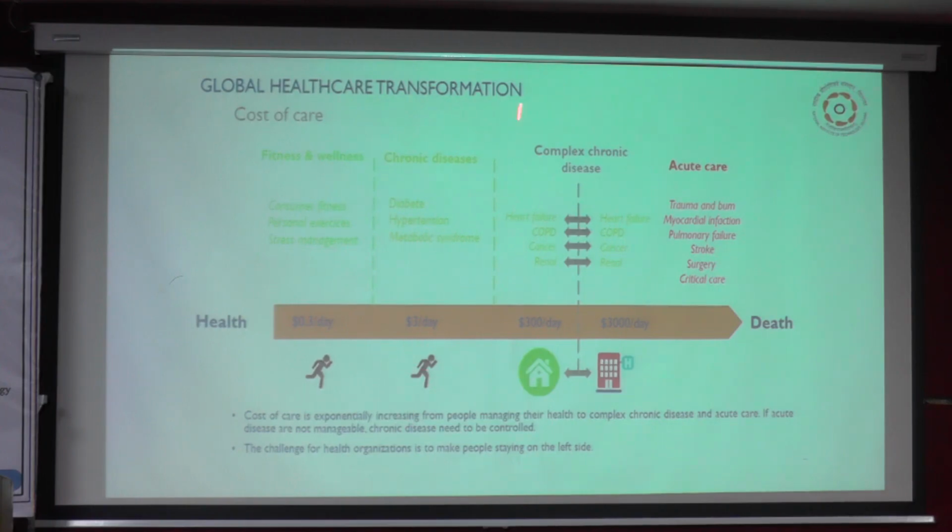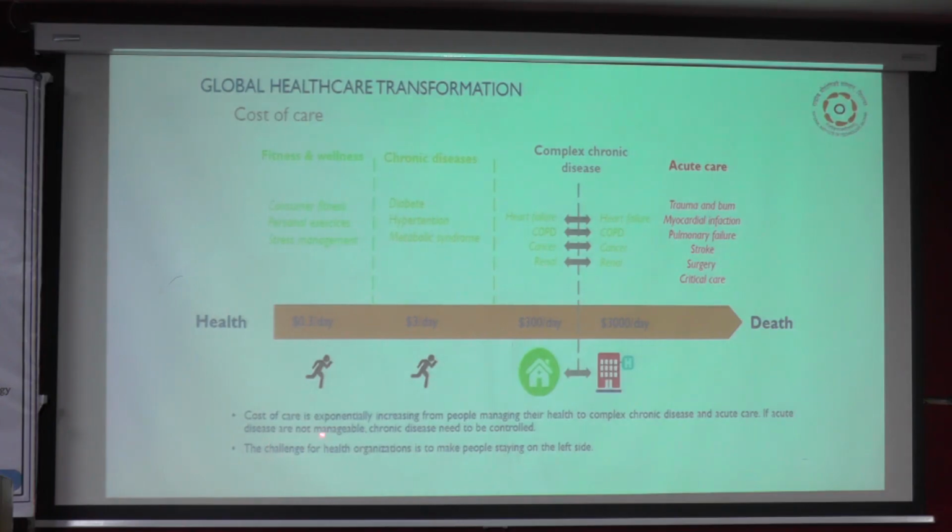Then complex diseases, COPD, heart failure, $300 per day, so huge. So it is exponentially increasing. And acute care, such as myocardial infarction or stroke, brain surgery, critical care, $3,000 per day. So the cost of care increases exponentially from people managing their health to complex chronic disease and acute care.